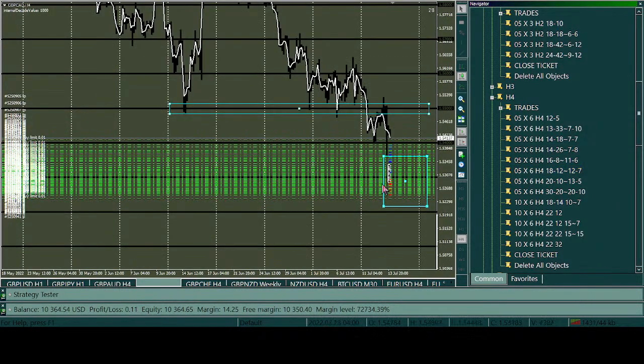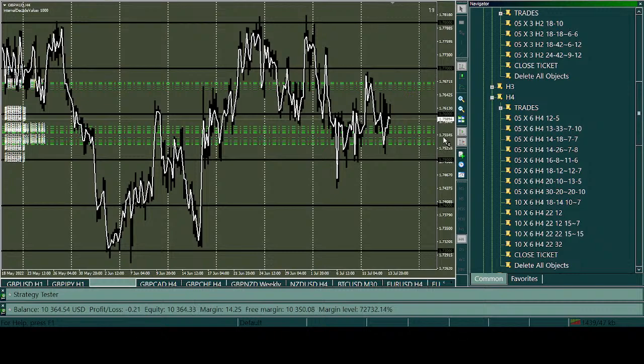Next currency. That's a terrible spread here, but she put a couple hot spots in here like this. Okay, next.